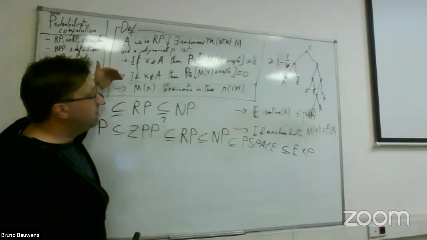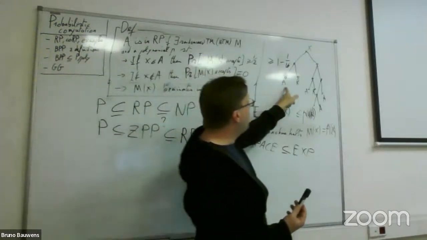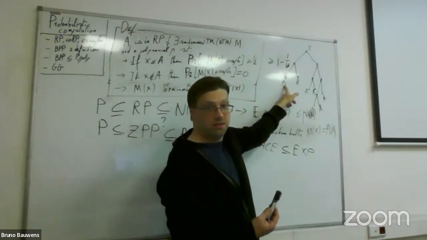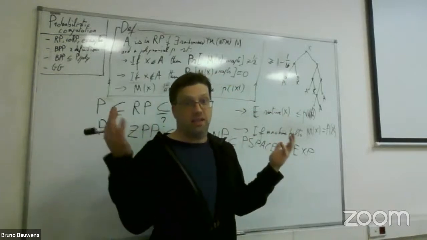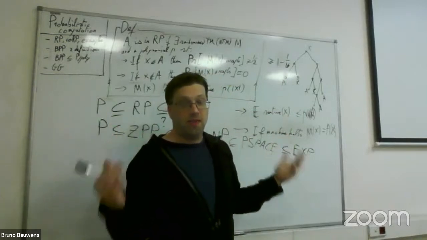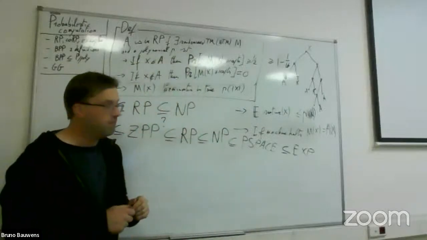But in NP, the requirement is only that x is in the language if there exists one accepting branch. So that's weaker: RP means many accepting branches, NP means at least one accepting branch. If x is not in the language, in both cases there are no accepting branches.